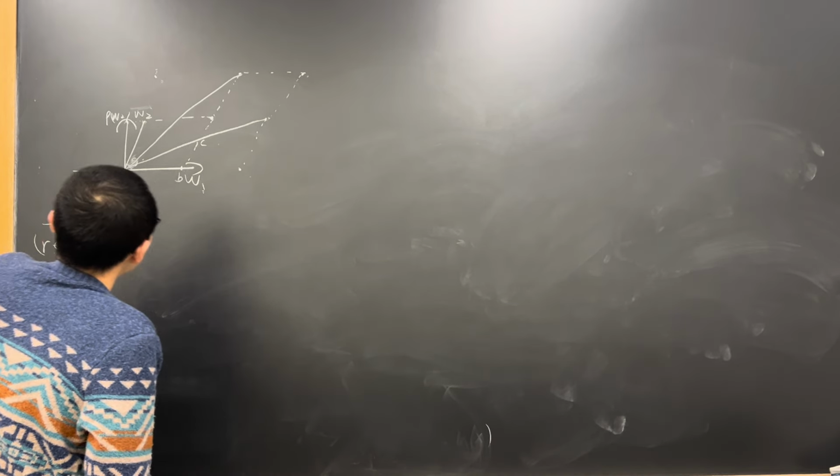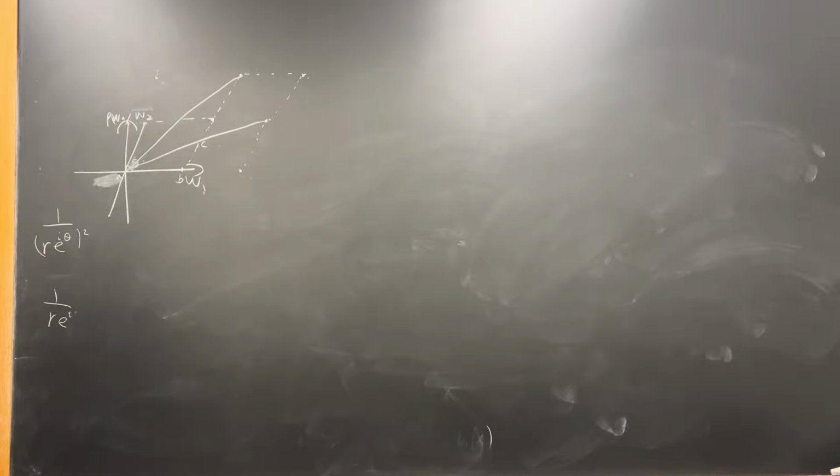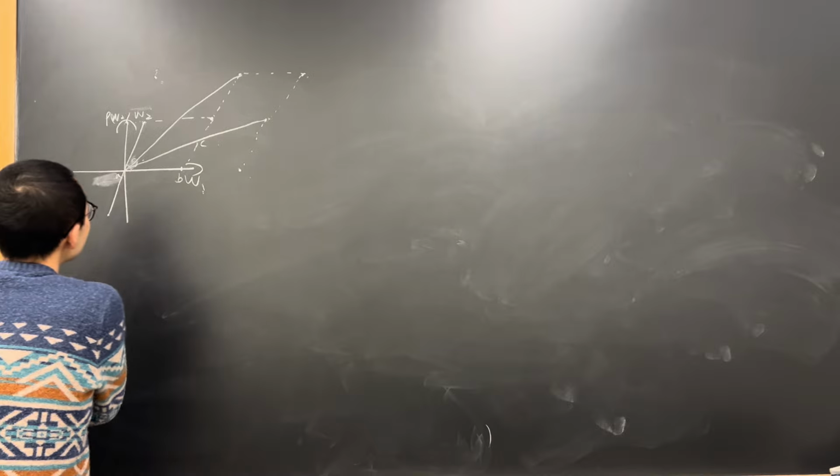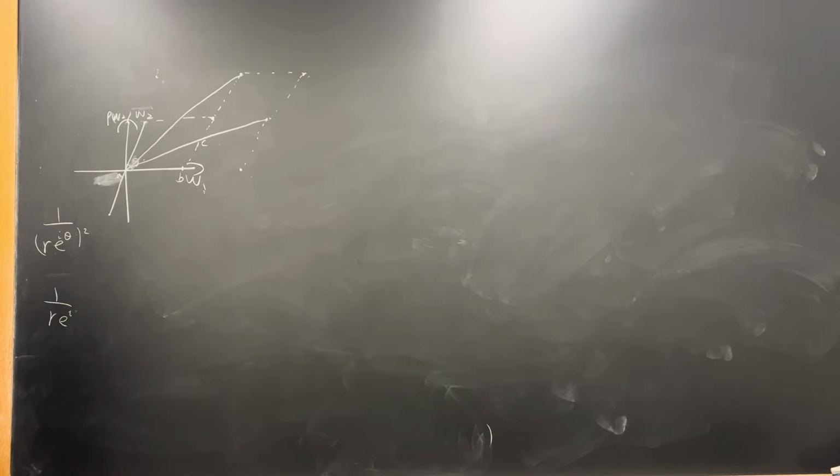Okay, I don't think these are the same triangle here. I'm drawing it in a way that makes them look the same, but they are not really the same. But I can say that their angles are exactly the same.